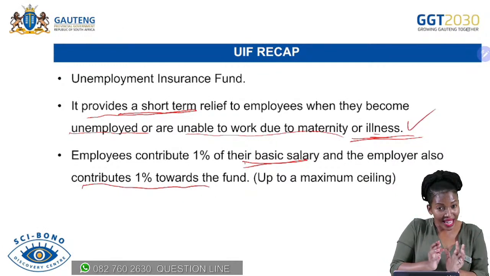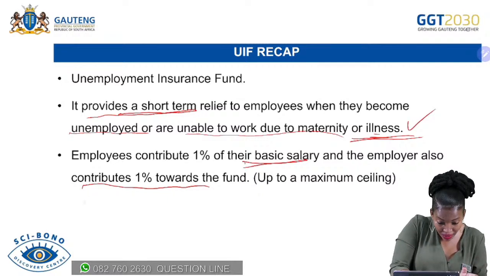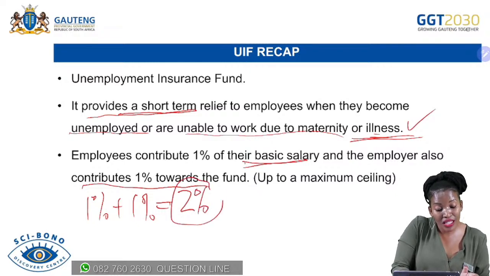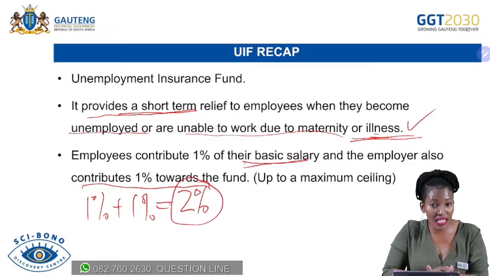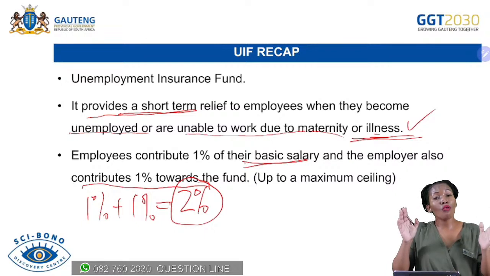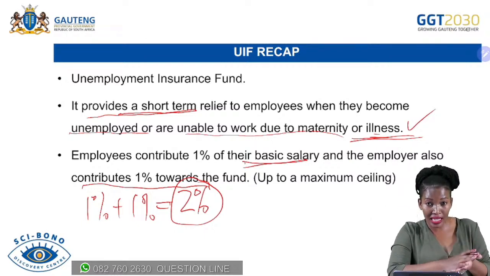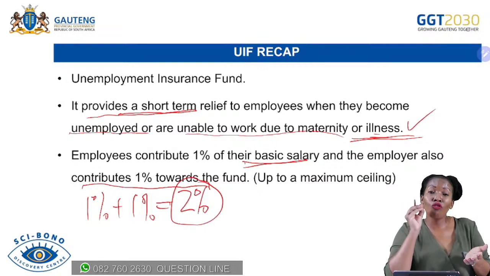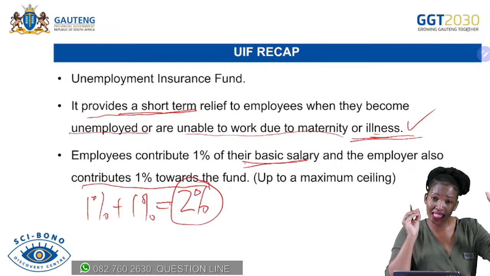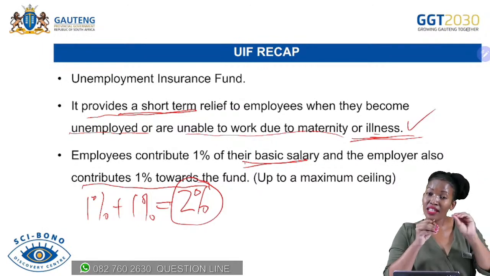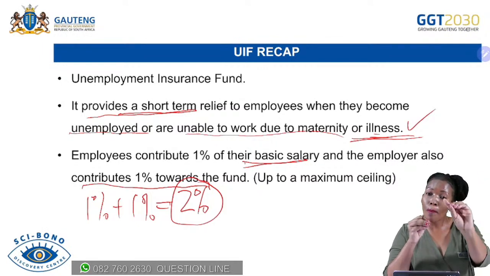So the total that goes into the fund is your 1% plus the employer's 1%, which is 2%. So let's say you are working for Checkers, on your payslip, the UIF will be calculated on your basic salary. It will be 1% of your basic salary. That is what will be reflected on your payslip.